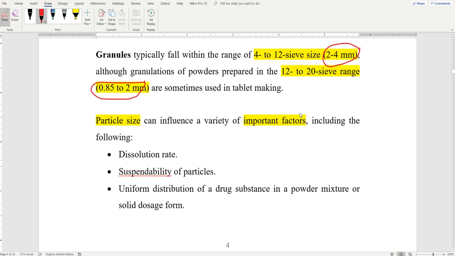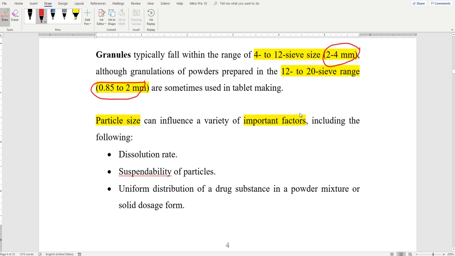Well, think about it. First, the dissolution rate. Dissolution rate means how fast the drug will dissolve. The larger the particle, the faster the dissolution rate, or the opposite of this?